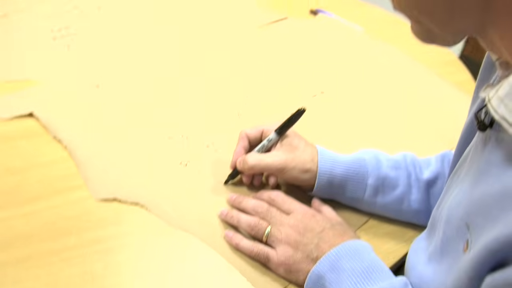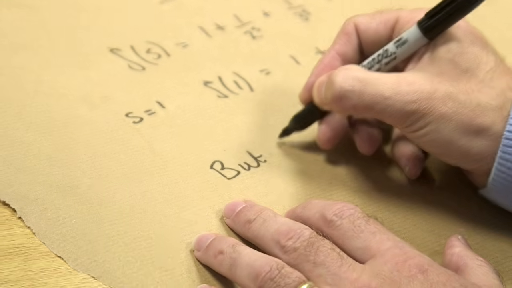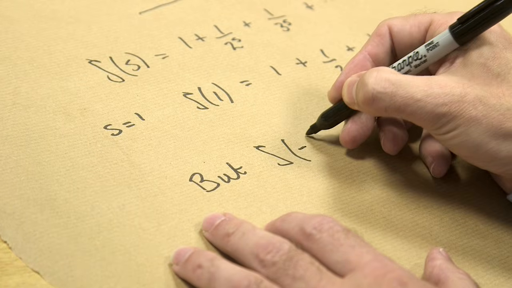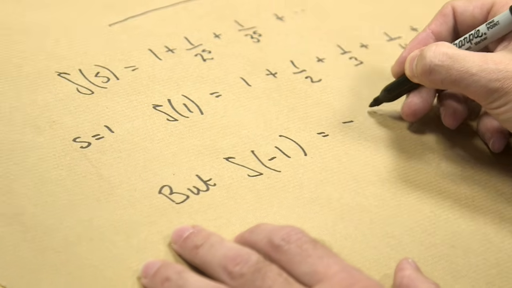And I think one way of trying to understand why the actual Riemann zeta function, which we may describe in more detail when we come to think about the primes, gives zeta of minus 1 equal to minus a 12th, is this.